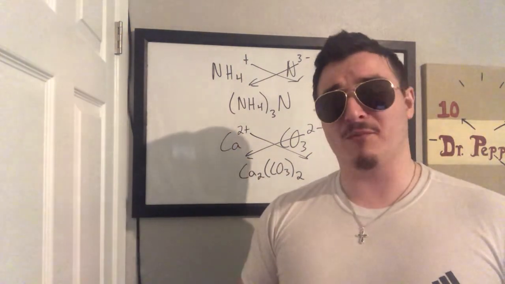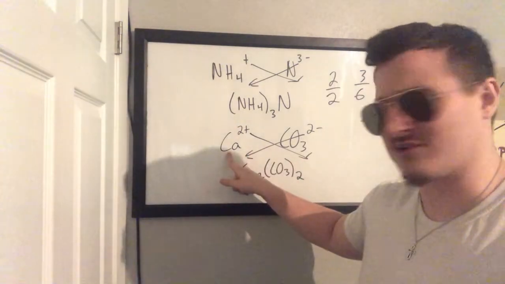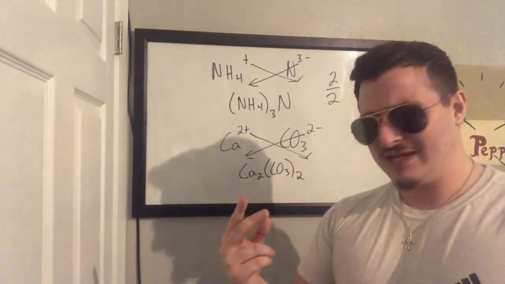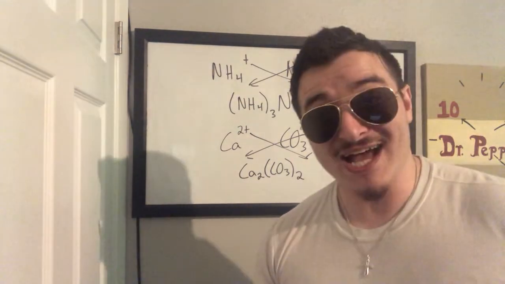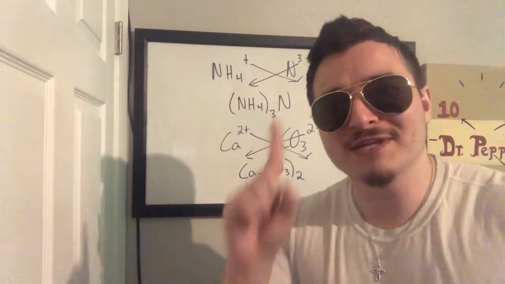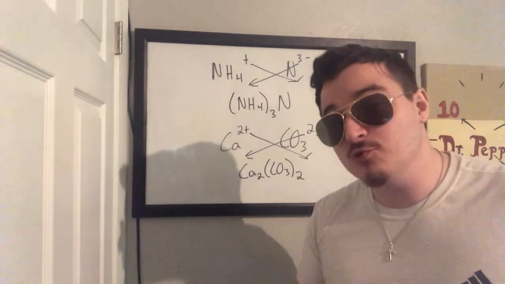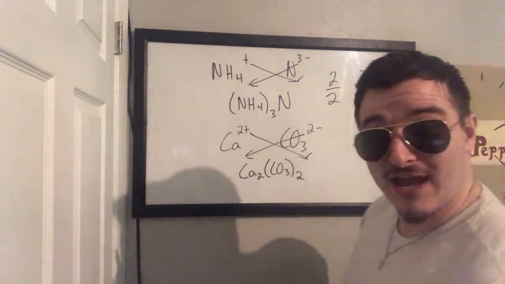And it kind of works the same way in chemistry in that, well, if calcium wants to lose 2 electrons and carbonate wants to gain 2 electrons, why do we need 2 of each in order for them to be happy? We don't. Because economically, we only need 1 of each to make this transaction happen. So think of it like reducing your fraction. And so if you left it like this, I would count it wrong.